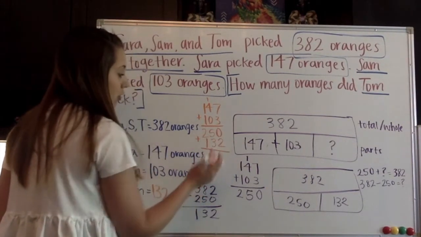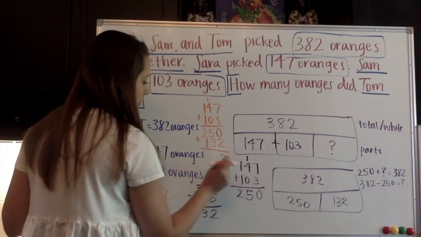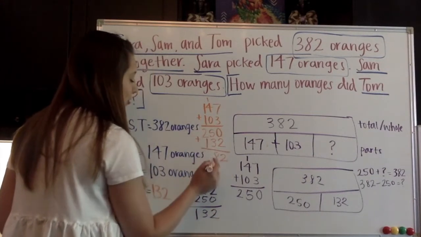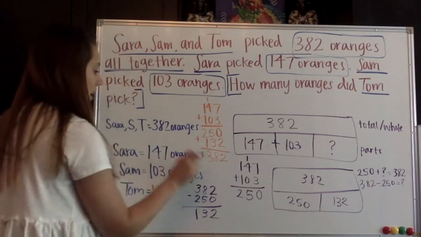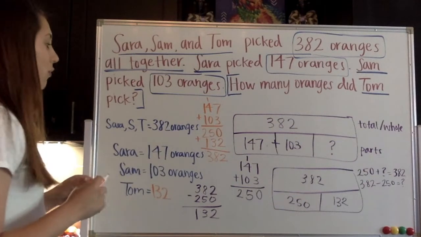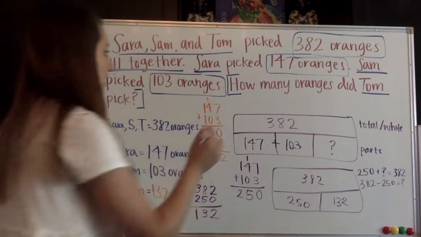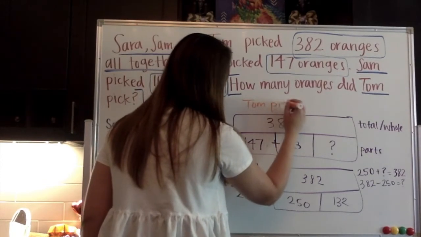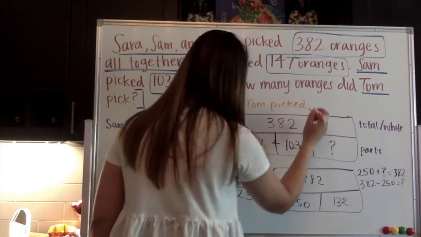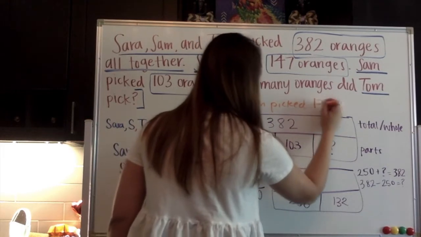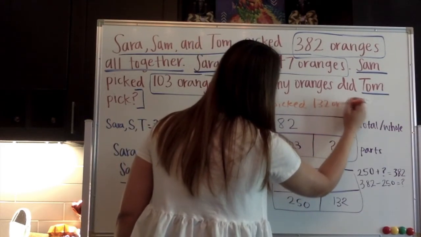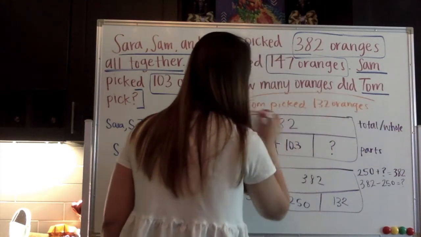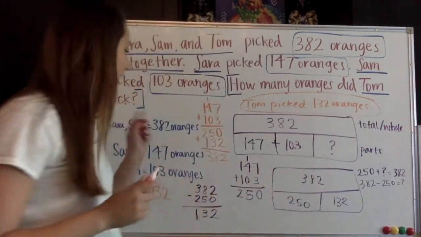So we know that 0 plus 2 is 2, 5 plus 3 is 8, and 2 plus 1 is 3, which does equal our 382 total. So we know that Tom picked 132 oranges. And that is our answer, and we have checked it.